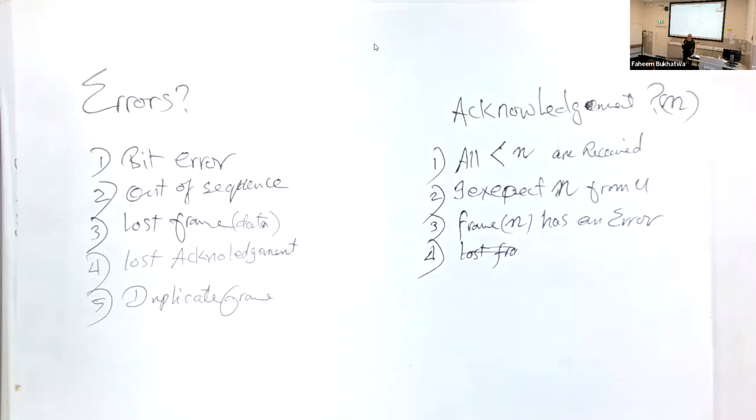How does the receiver discover the lost frame? How do you know a frame is missing? We call that out of sequence. The receiver will get an out of sequence frame, the wrong sequence.